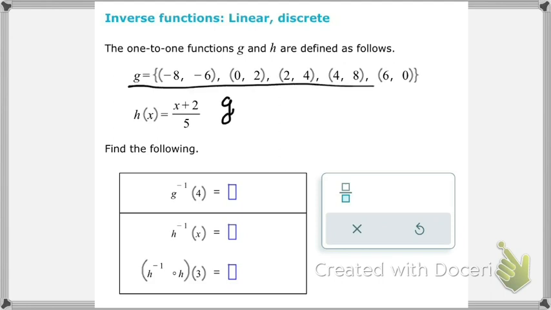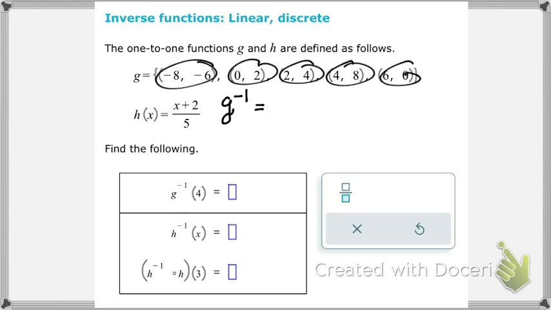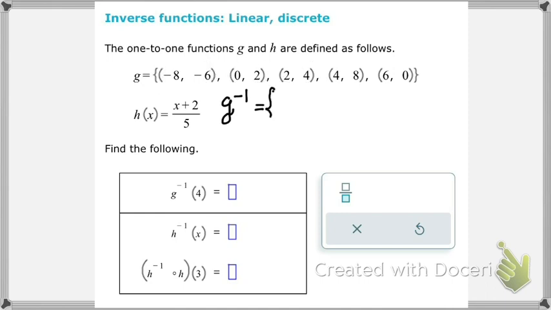If this is g, then g of -1, its inverse, is the inversion of all of these points. So I'm going to switch the x and the y. You're not going to have to do all of these every single time, but I'm going to do it here, just to be clear on what we're dealing with.